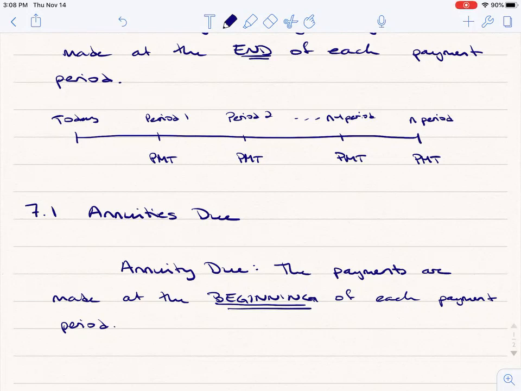And so all of these get shifted to the beginning, and that means even this last one gets shifted to the beginning, and that means that there is no payment at the end. So the only difference on our timeline is that all these payment amounts get shifted over one tick.